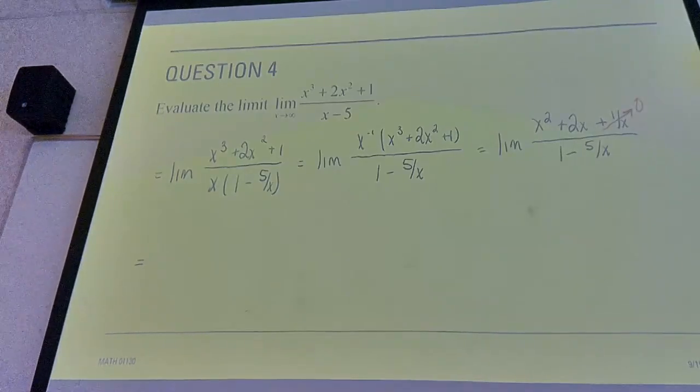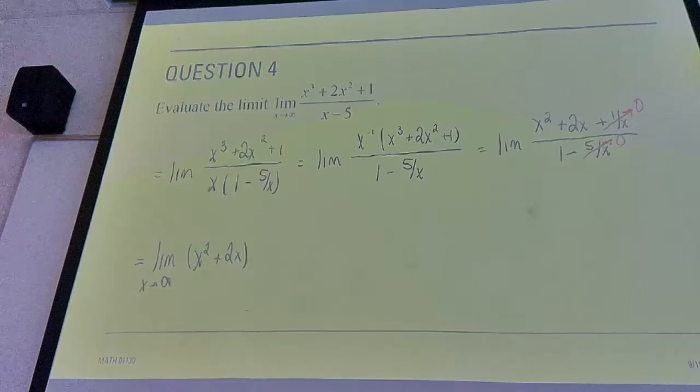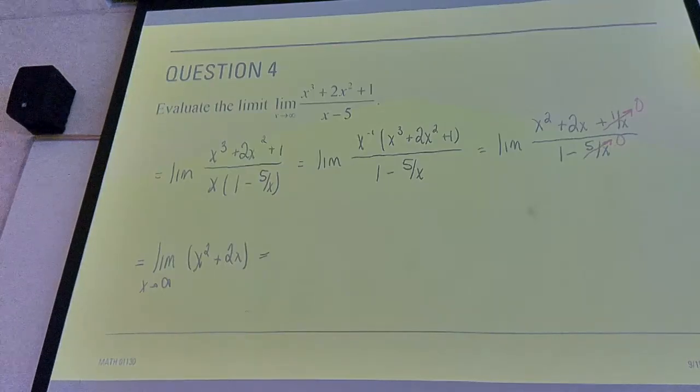What about 5 over x? Those terms will just drop out to 0. As x increases without bound, what does 1 do? Stays at 1. So that's our limit. What's that limit? So there's our limit.